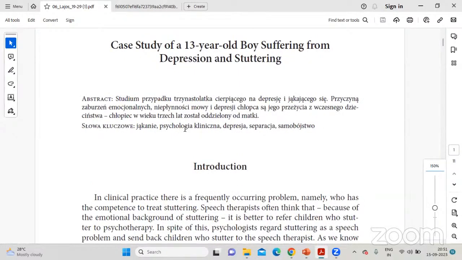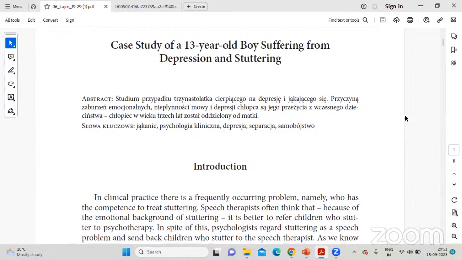All right. So you can see here. I hope this screen is visible to all of you. The PDF is visible. Can you please confirm? Yes, ma'am, it is. Okay, thank you.